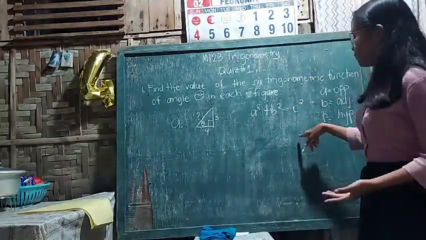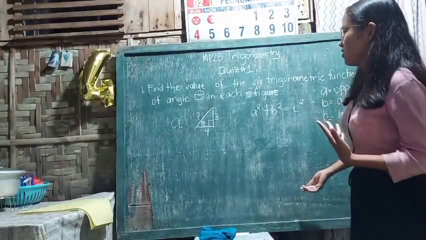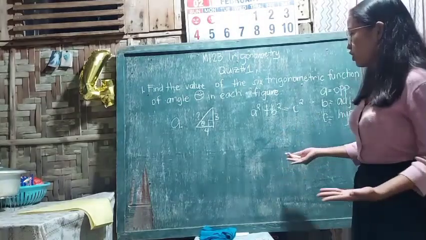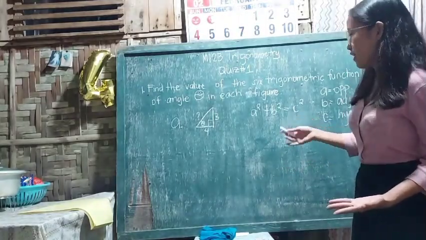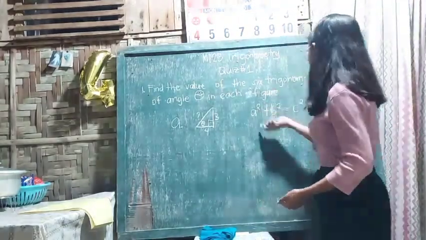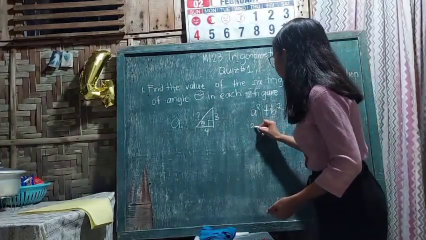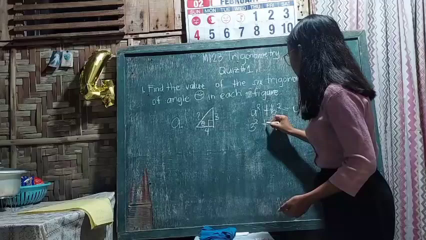Now let's substitute the values. So for a, which is the opposite side, it would be 3 squared.